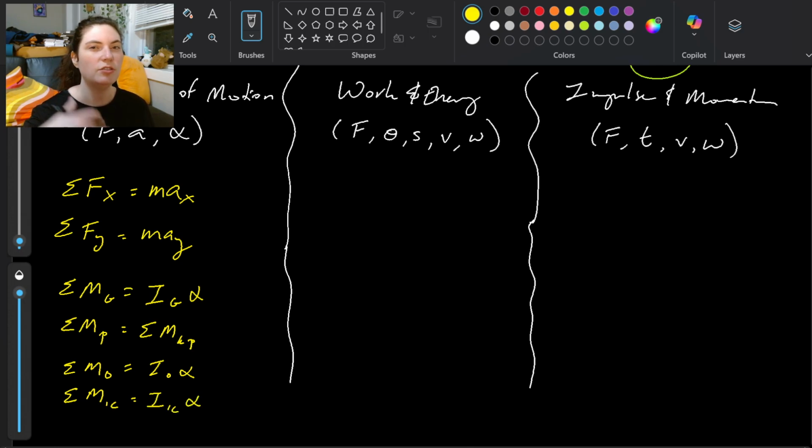So we had several different moment equations that we could use. It was just a matter of picking which one worked best based on the actual problem. Translating, is it rotating, general plane motion, rolling without slipping. Understanding the motion of your problem and then selecting a moment equation that was going to help you the most.